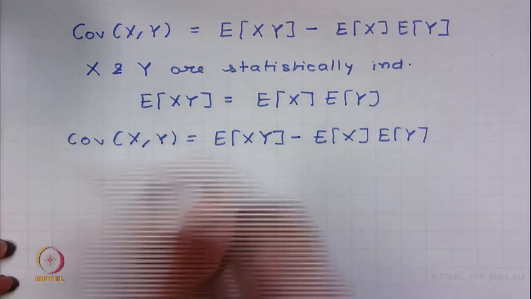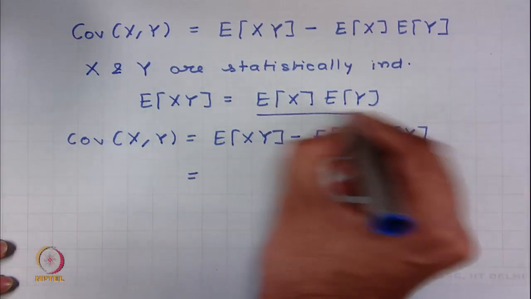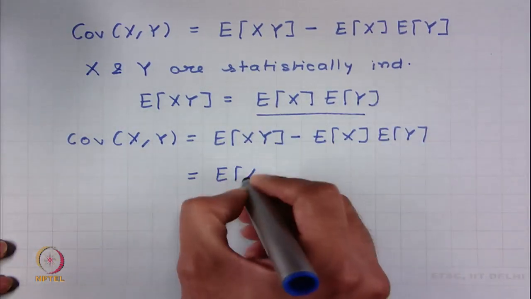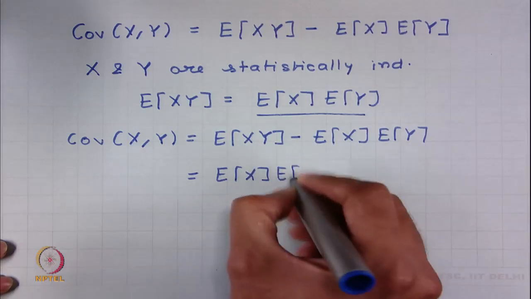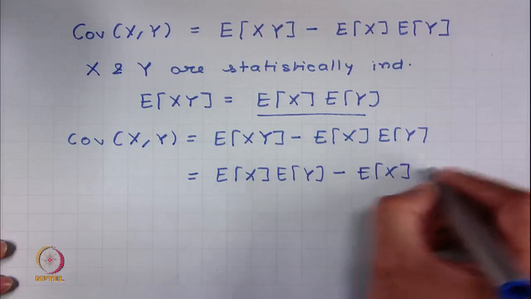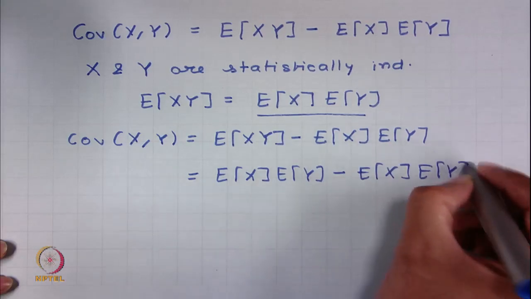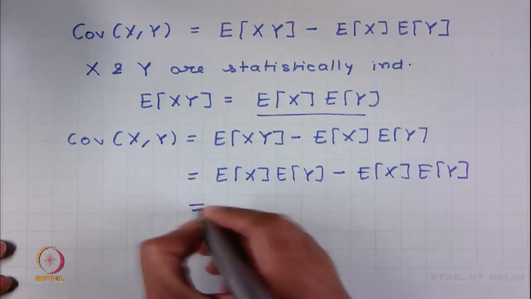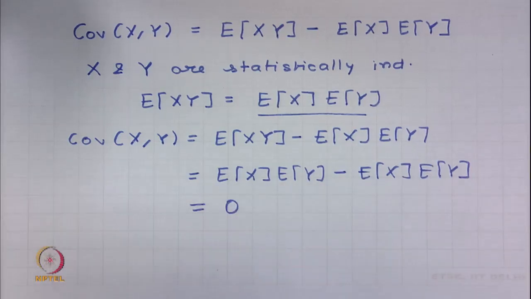Substituting this in the expression, what we get is that the covariance turns out to be 0.